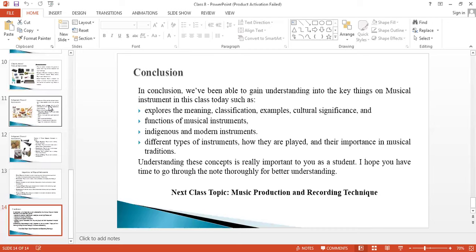In conclusion, we've been able to gain understanding into key things on musical instruments in this class today, such as exploring the many classifications, examples, and cultural significances of musical instruments. We've looked at the function of musical instruments and the indigenous and modern instruments that we have. And we've looked at the importance also as it pertains to musical instruments.